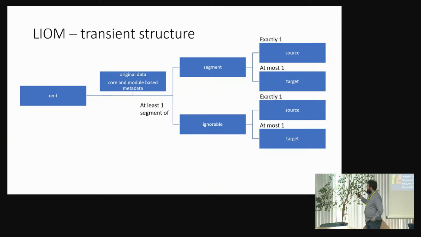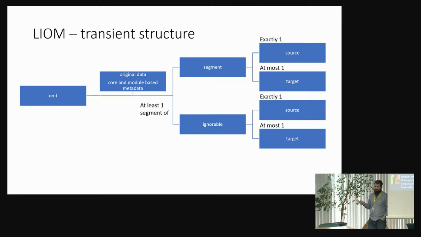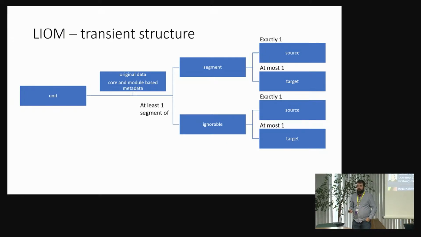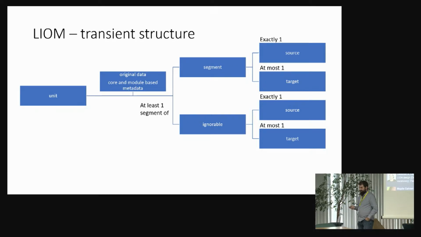Because it's bitext, each segment and ignorable have the same data model. They have to have exactly one source and at most one target. When you're sending something for translation, the target is not obligatory because you don't know yet what the target will be. But when you are receiving your delivery, the target is expected because this is what you sent it for. So this is the logic of the bitext.